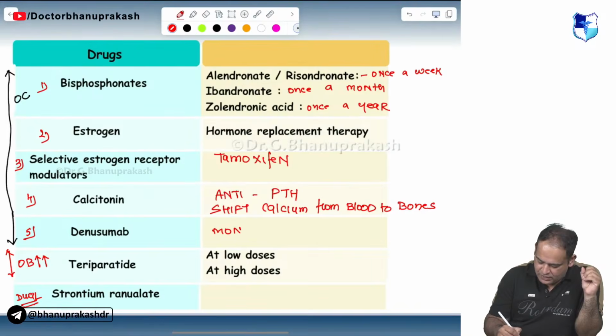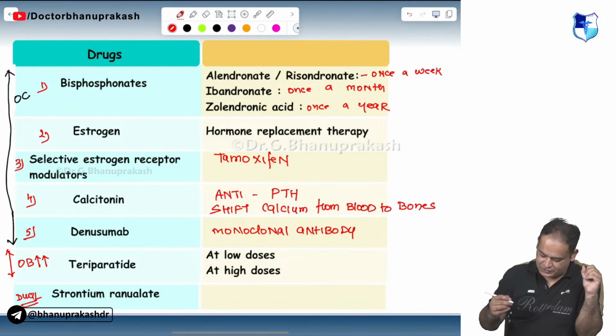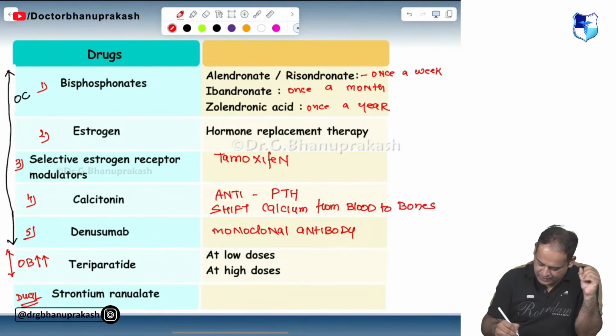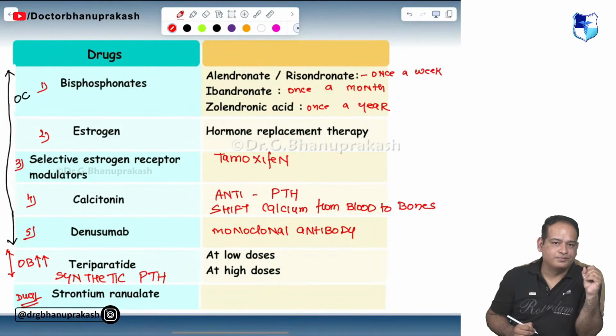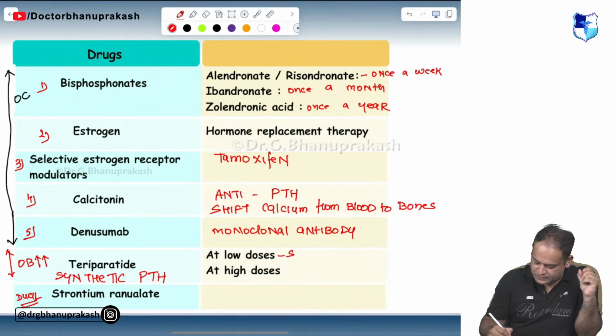Denosumab is a monoclonal antibody against osteoclast. Teriparatide. Now, what is teriparatide? Teriparatide is synthetic parathyroid hormone. At low doses, it stimulates bone formation.